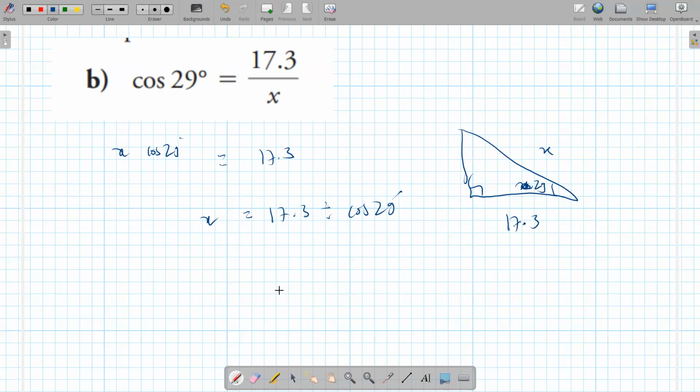Because this unit also tests your calculator prowess. 19.8. Yes. And there we go. And we know it should have been bigger than the side length because the x there represents the hypotenuse of that triangle.